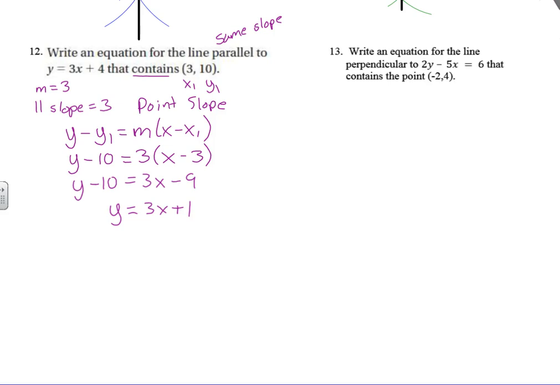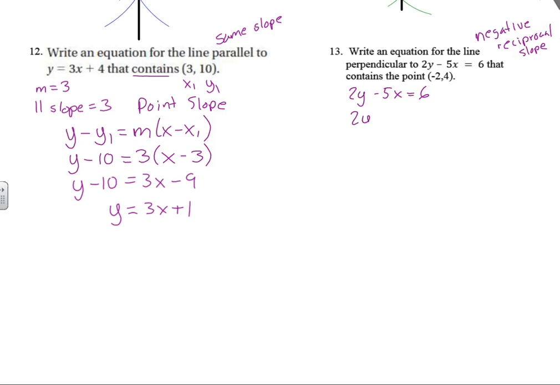Okay, similar question for 13. Write an equation for the line perpendicular. Again, perpendicular, I'm thinking negative reciprocal slope. So the first thing I'm going to do is find the slope of my given line.